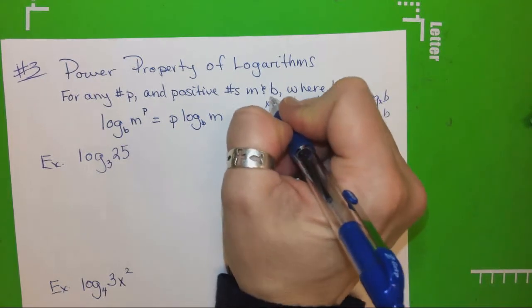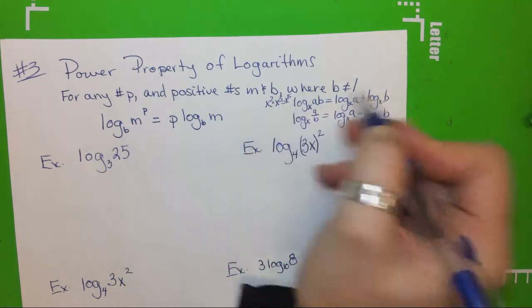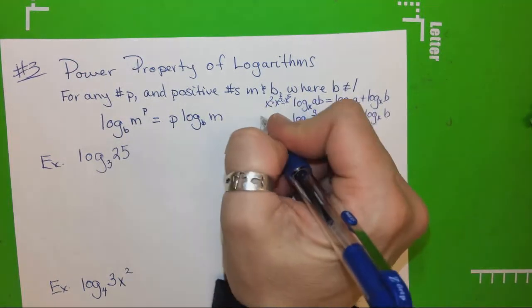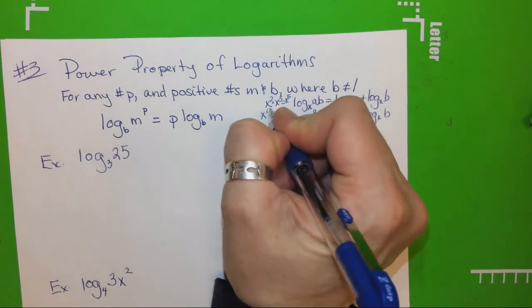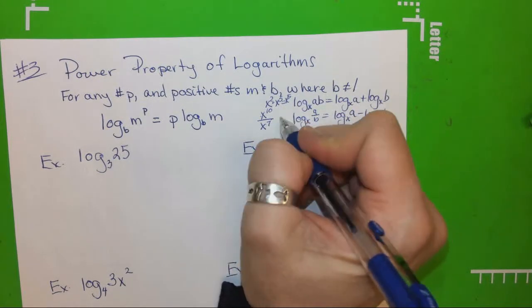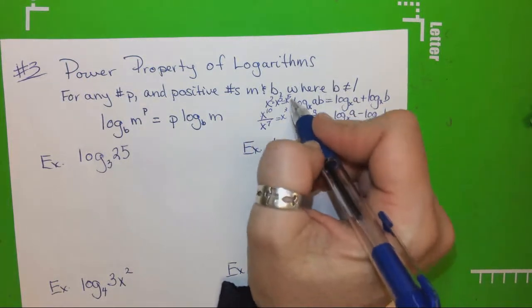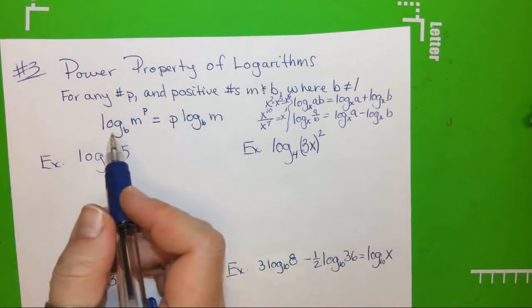And we kind of remember, if we had x squared times x cubed, it equals x to the fifth, because we're adding the exponents, we're going to add the logarithms. If we had x to the 10th divided by, say, x to the 7th, we would subtract those exponents, so we're going to subtract our logs. So that's a little remember when.